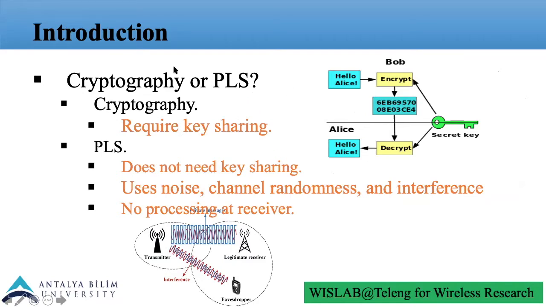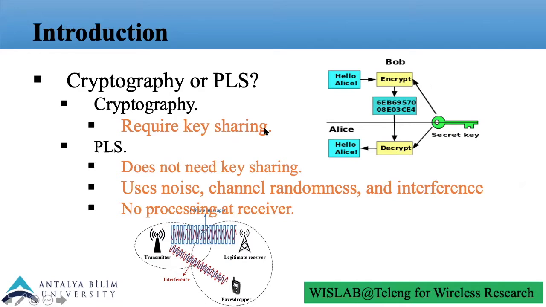We also have another gap that we can see. We have cryptography. We need to see if we can use cryptography or physical layer security. Cryptography is a very common thing right now, which is being used in most, if not all, devices, which basically means that we have key sharing, public key sharing and secret key sharing, such that if you want to send information from a transmitter, for instance, Bob, to a receiver, Alice, you need to encrypt your data using a public key or a secret key, and then send your data.